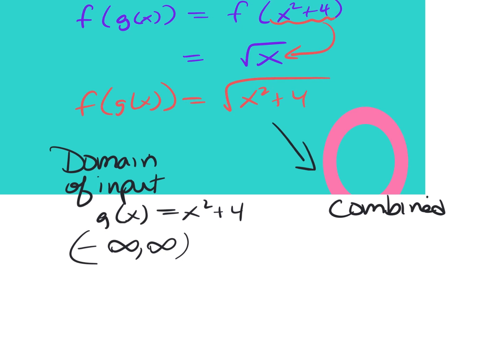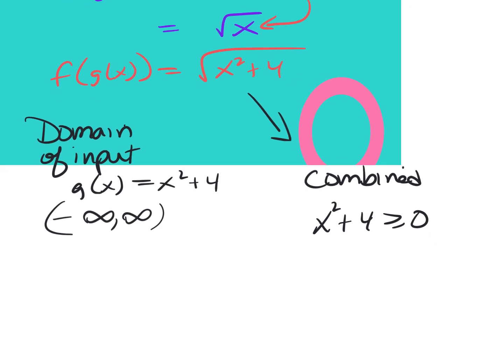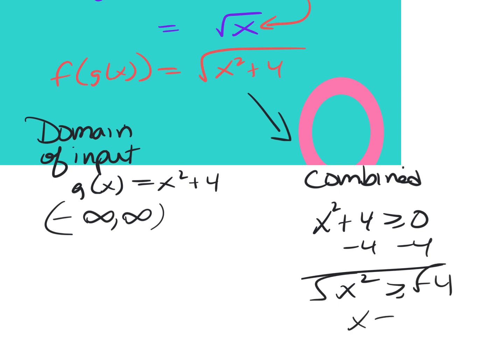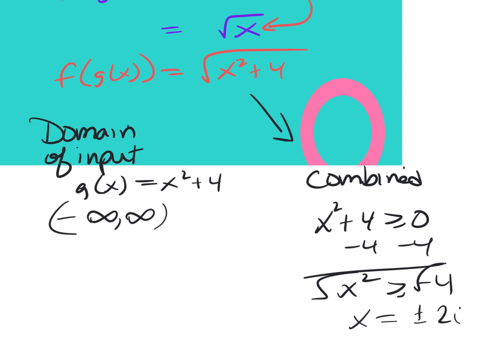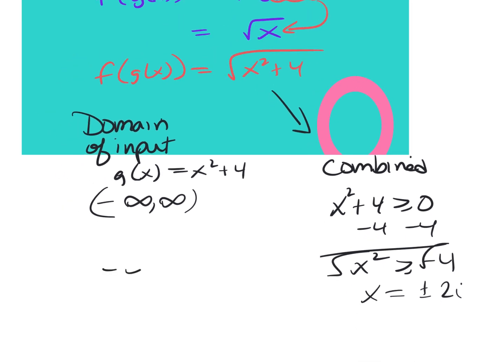It's a radical. So it's x squared plus 4 greater than or equal to 0. But when we solve this, look what we get. We get an imaginary solution, plus or minus 2i. We don't exclude imaginaries, so my domain here is all real numbers.